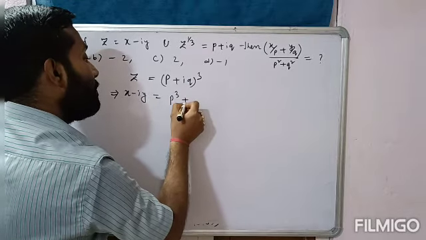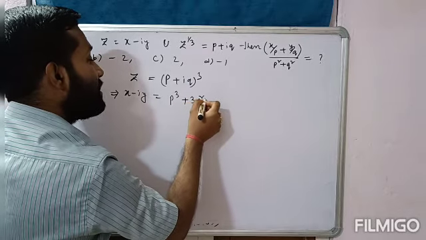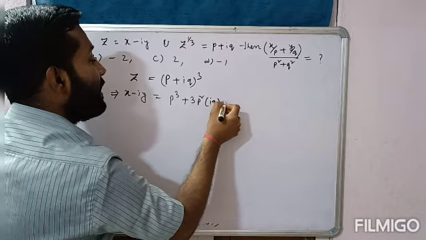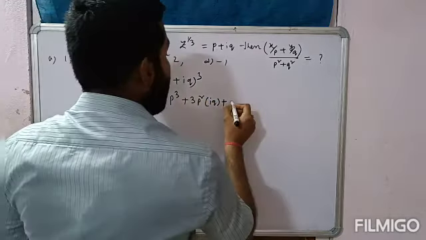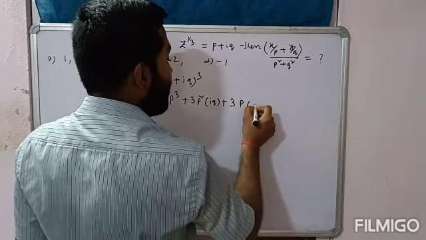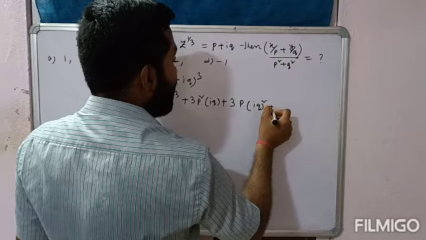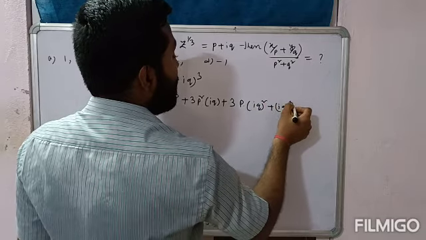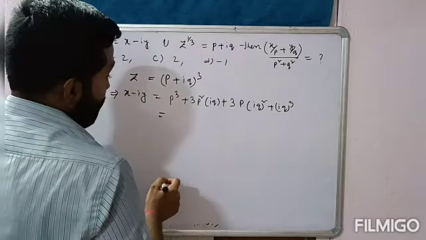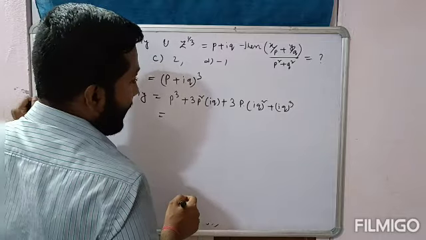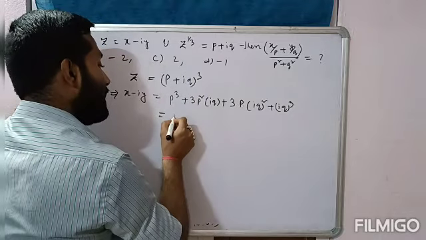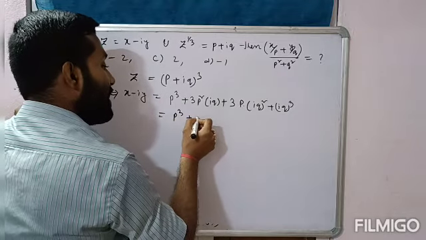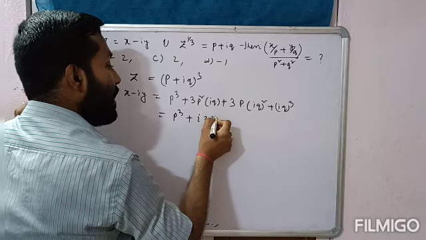A cube plus 3a square b plus 3a b square plus b cube. This is a plus b whole cube. So after expansion, you separate the real and imaginary part, that is p cube plus i into 3p square q.